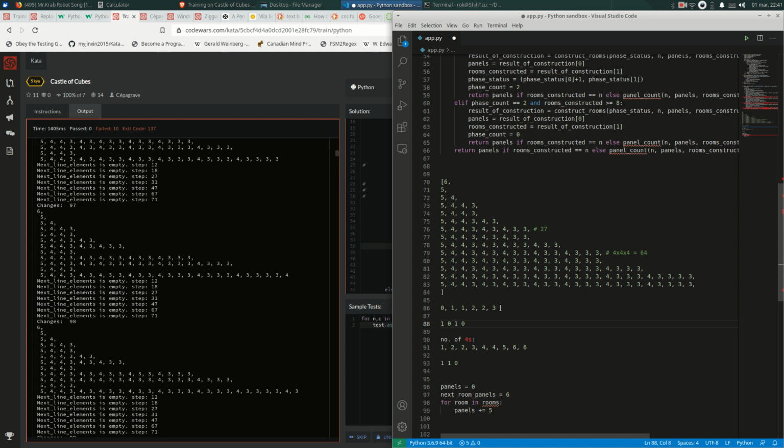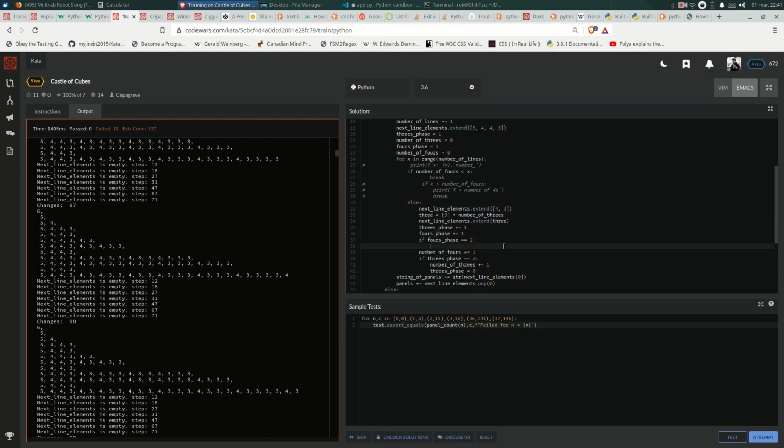And here is 1, 1, 0, 1, 1, 0. And so maybe here fourth phase should be 3.